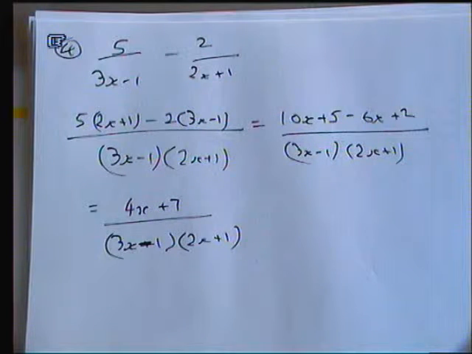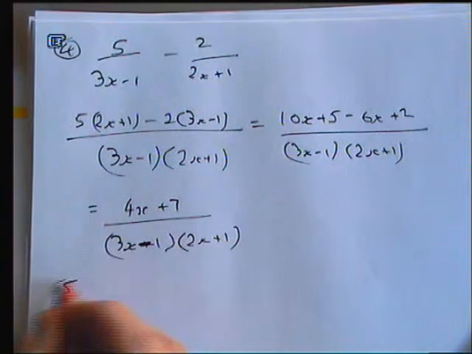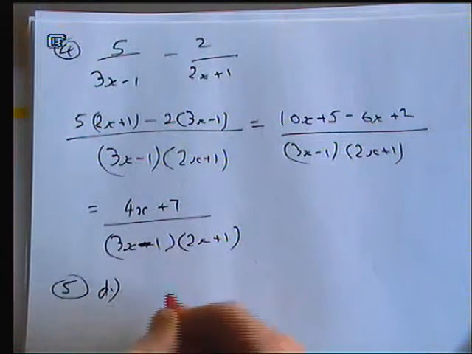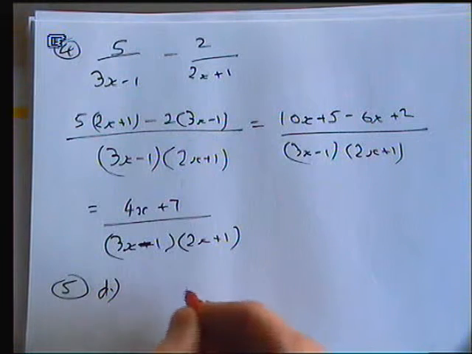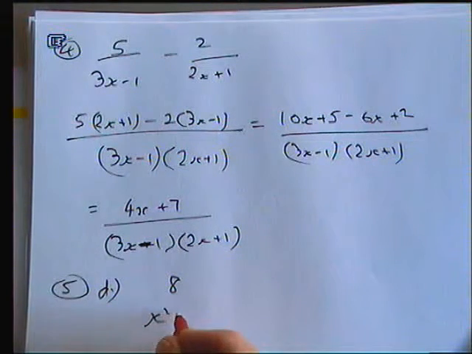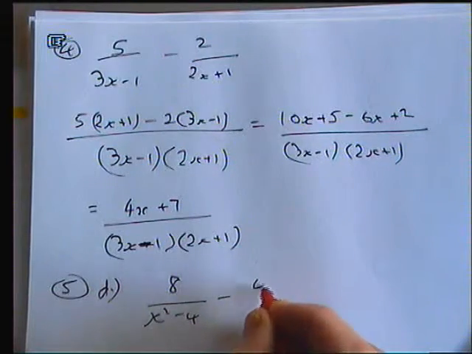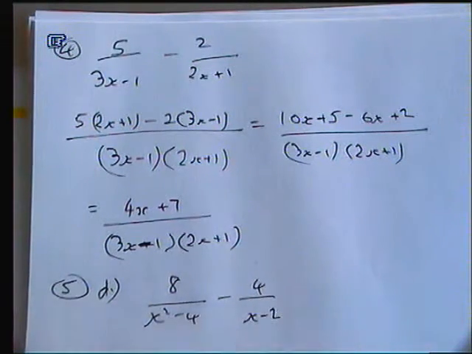Question 5. Who's choosing question 5? Sean, question 5? D. 5D. 8 over x squared minus 4, minus 4 over x minus 2.